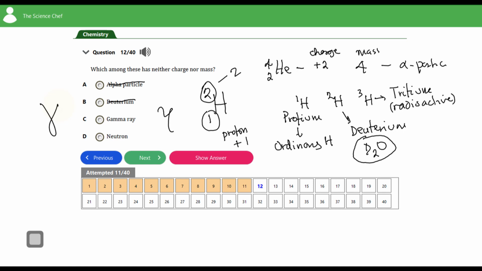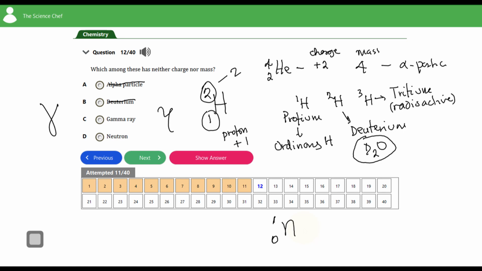D, neutron. Fine, neutron is also a subatomic particle that has a mass of 1 and a charge of 0, because a neutron is found in the nucleus of an atom, right? And being found in the nucleus of an atom, it only adds to the mass of the atom, but has no effect on the charge of the atom.